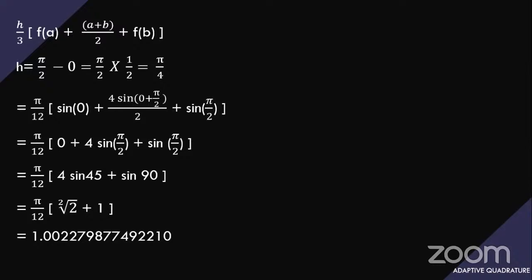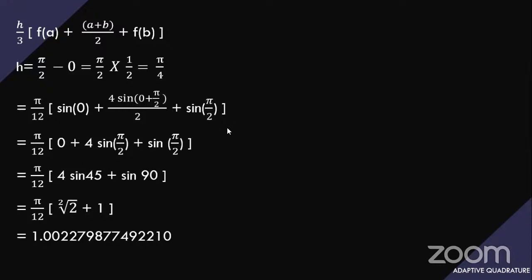So if you say pi over 2 minus 0 divided by 2, we'll get pi over 4. Then pi over 4 divided by 3 is going to give us pi over 12. Now, for f of a, anywhere you see the value of a, you'll be inputting 0. And anywhere you see the value of b, we will input pi over 2. Now, the first one is f of a.